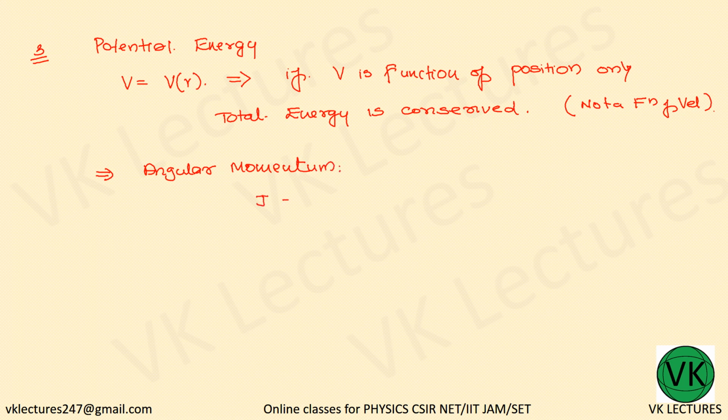J is equal to m r square theta dot. This particular quantity is constant, so J equal to m r square theta dot, which is constant, and theta dot is nothing but J by m r square.